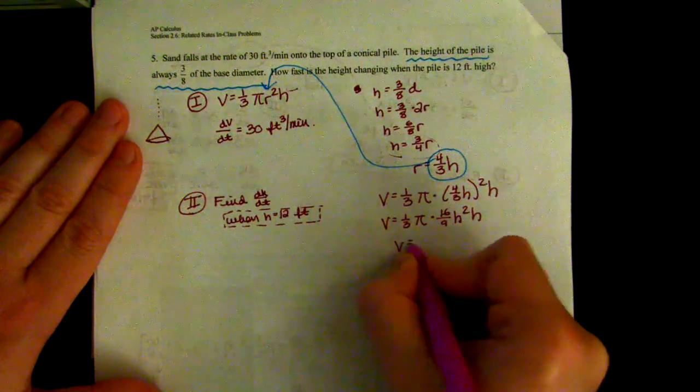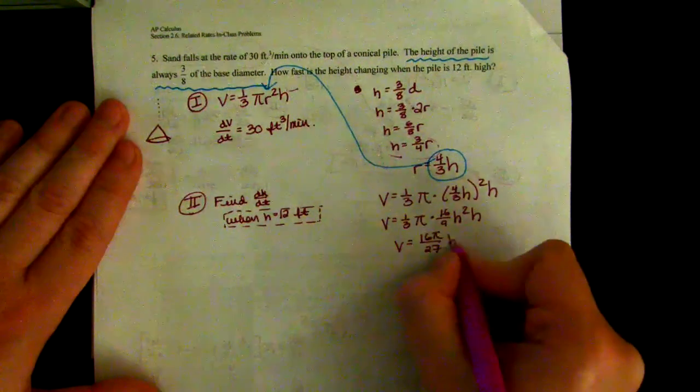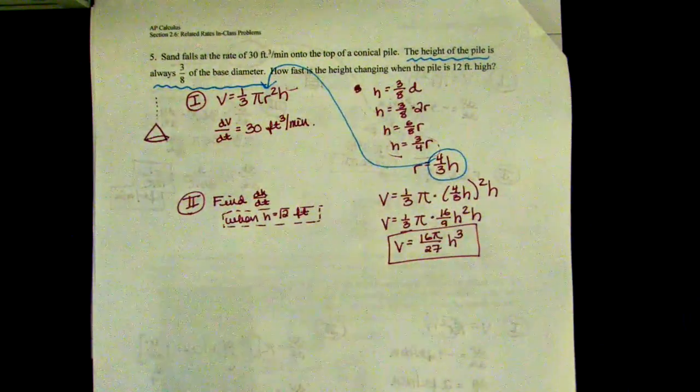Let's see, so I think I can say V equals 16 pi over 27, just to put the whole constant out front, h cubed. And this is the formula I'm really going to use for my volume.